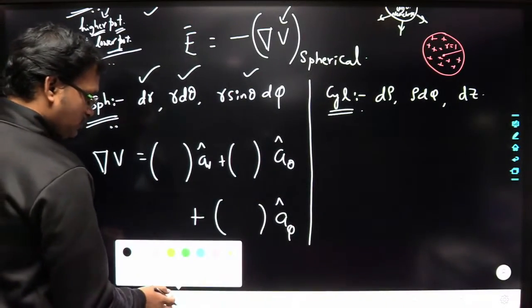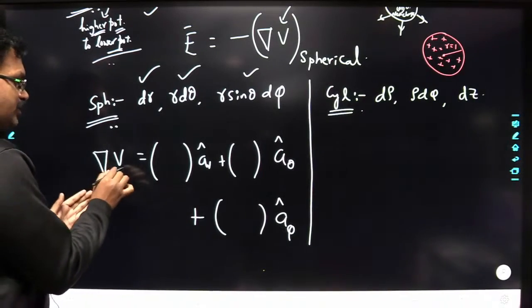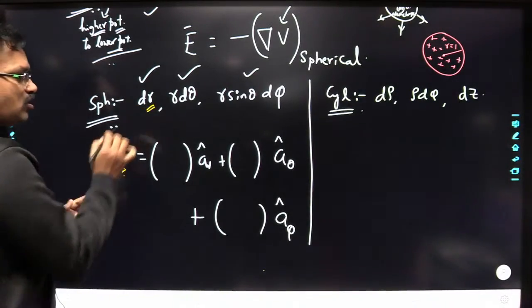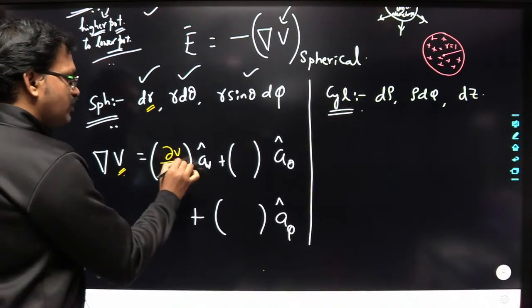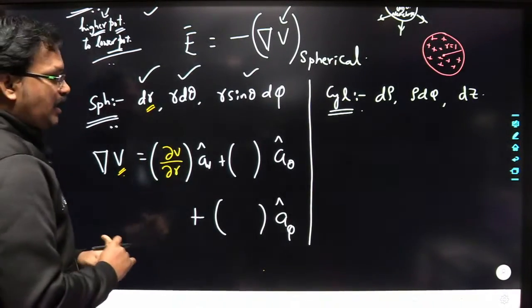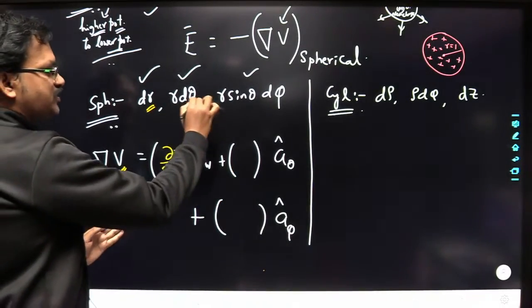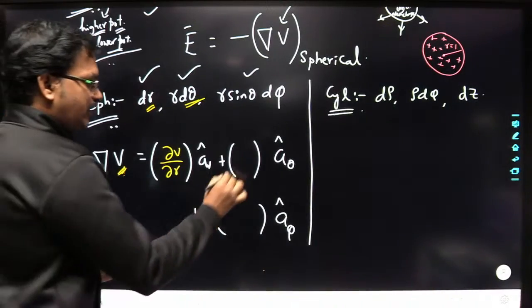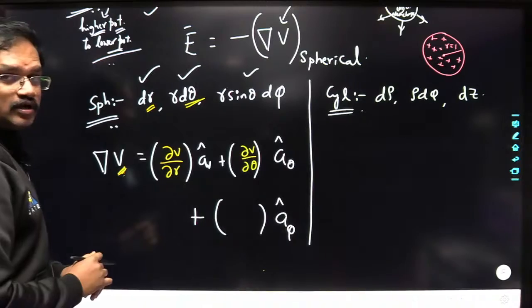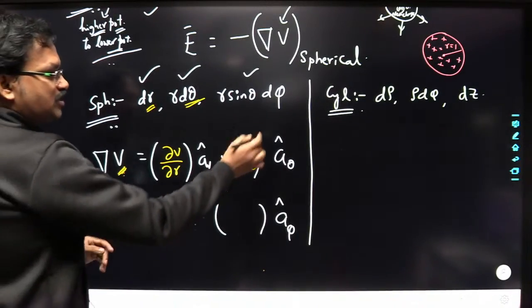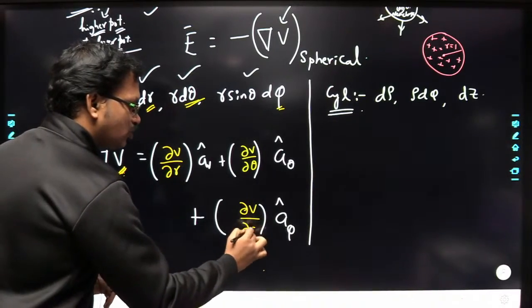Now in the first term, differentiate the potential with respect to R, so that is dou V by dou R. In the second term, differentiate the potential with respect to theta, so you get dou V by dou theta. Next, differentiate the potential with respect to phi, so that is dou V by dou phi.